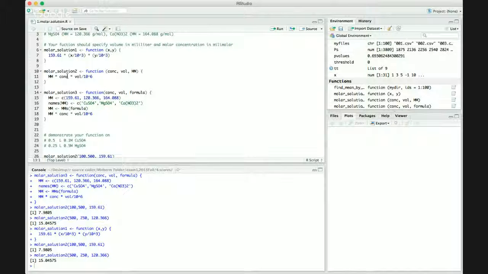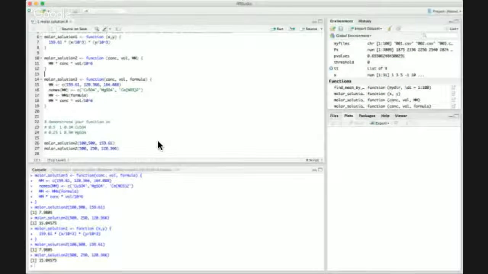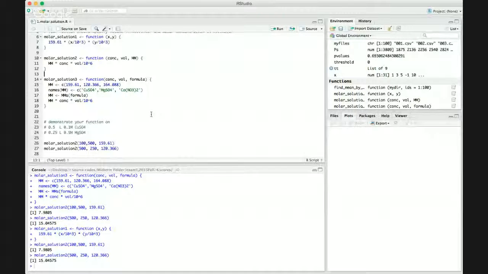So here, this way, if I use this function, I can change the concentration and volume that I am trying to get.